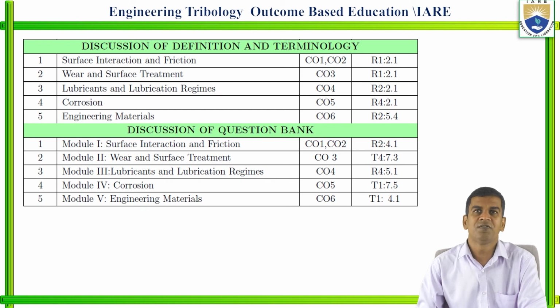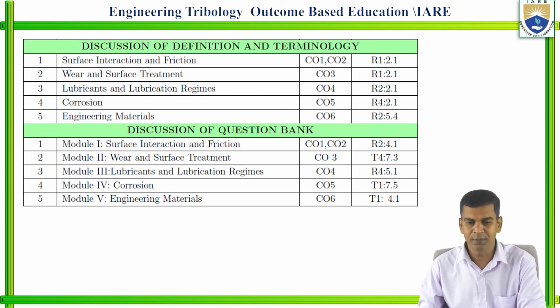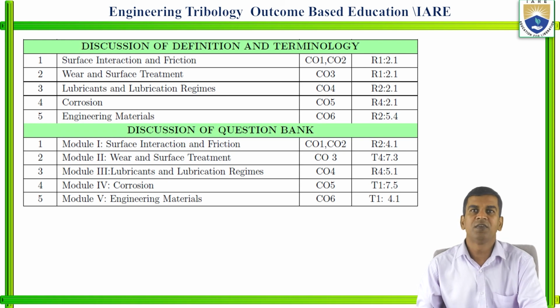Surface interaction and friction, the first unit, you will be having a number of definitions in this topic. So this topic will be related to CO1 and CO2. In the second unit, you will be having wear and surface treatment. You can have a number of definitions in this one, and we will discuss them in the classroom. It is related to CO3. And the lubrications and lubrication regimes, here you will be having a number of definitions in that one.